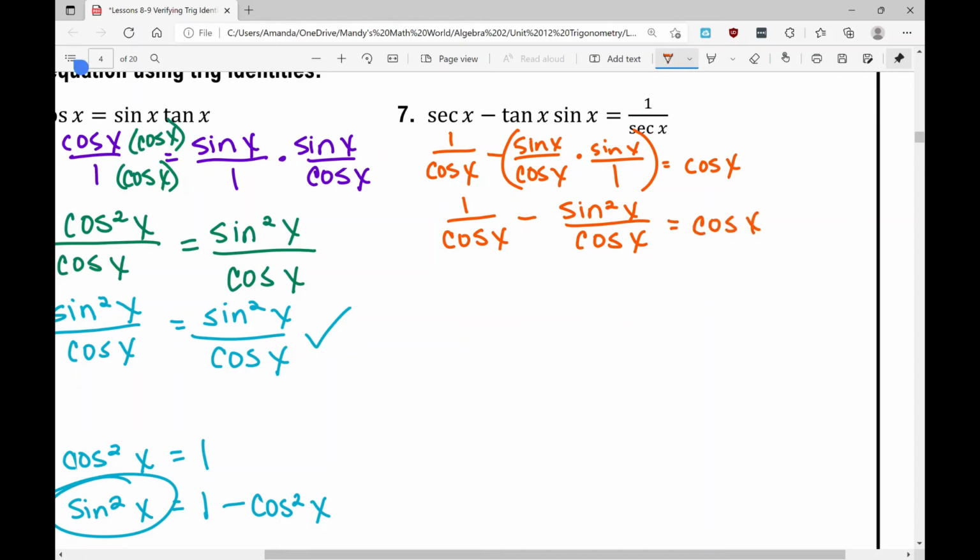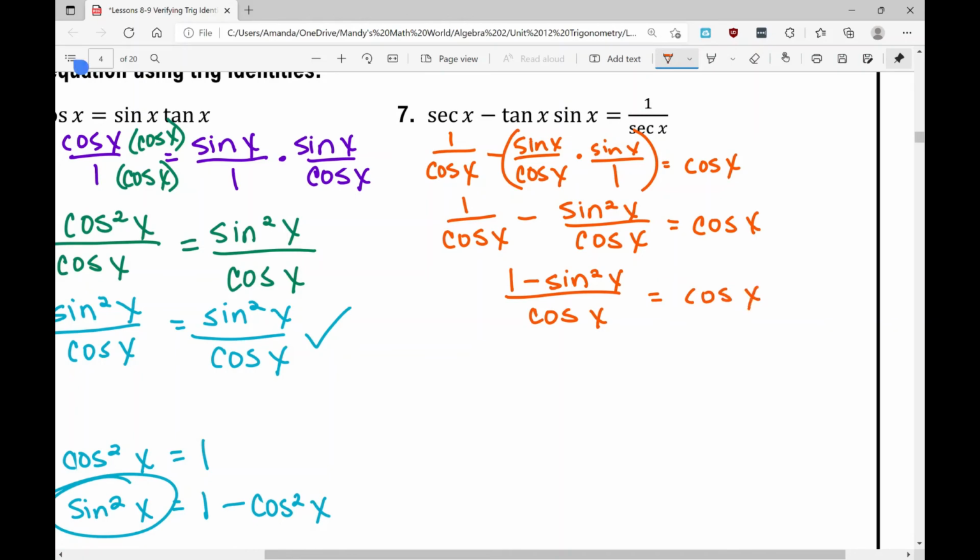And in this case, we've already got a common denominator, which is awesome. So I'm just going to rewrite this as 1 minus sine squared x over cosine x equals cosine x.